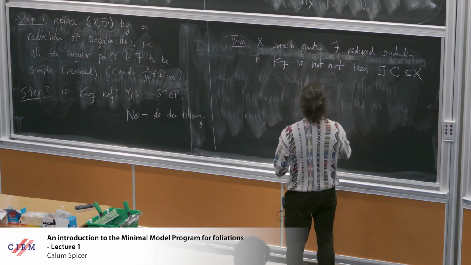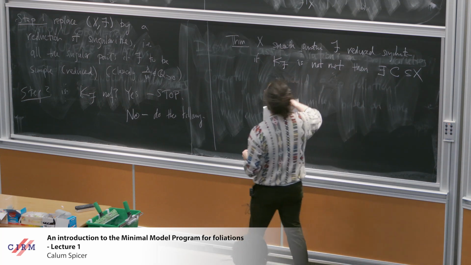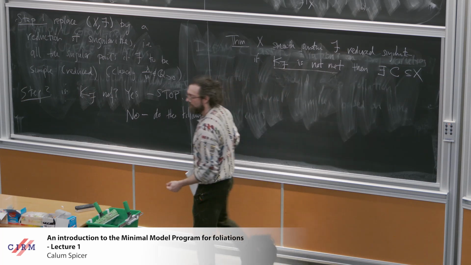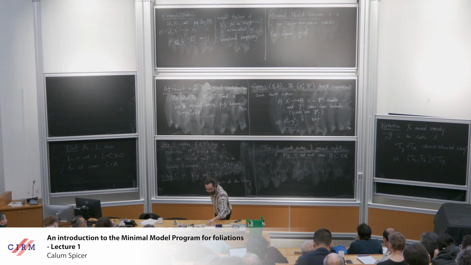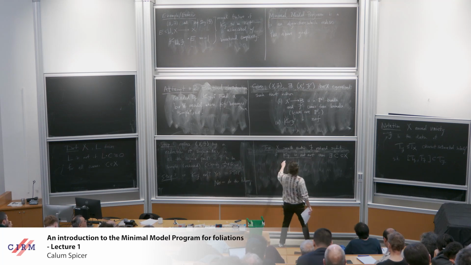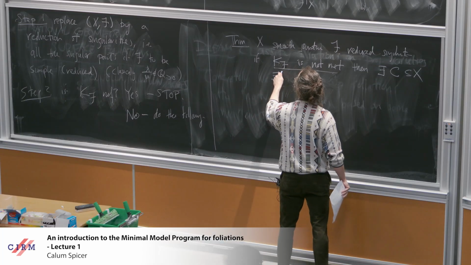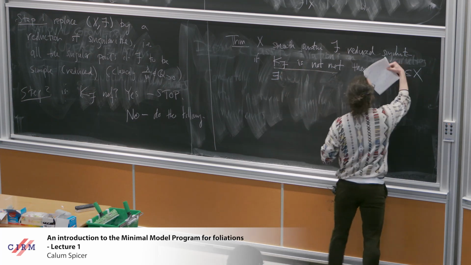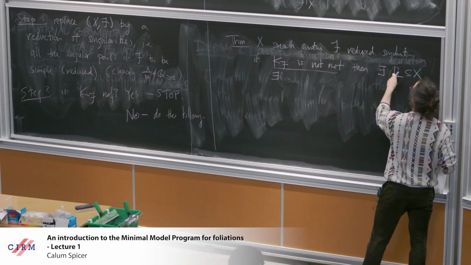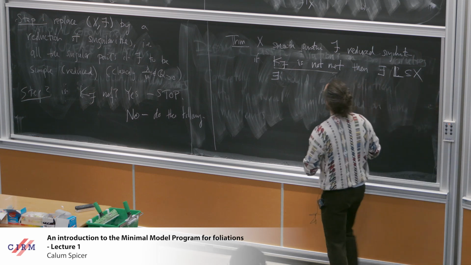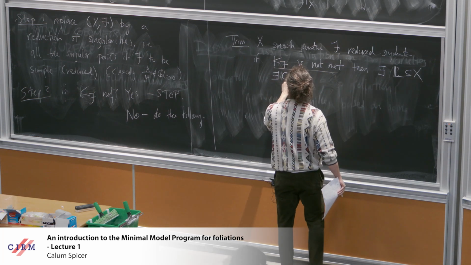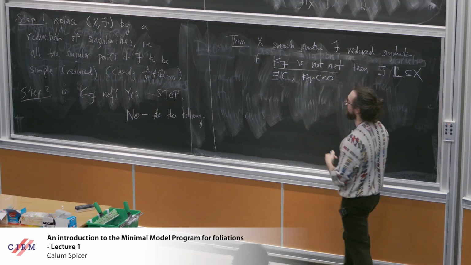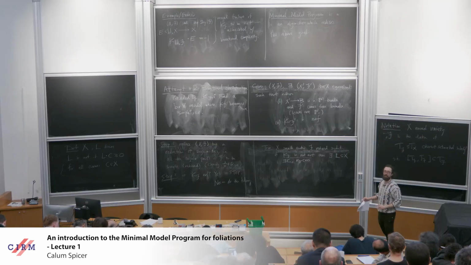K_F being not nef means, by definition, that there exists some curve, maybe I'll call this curve L and this curve C. We'll see why in a second. So there exists some C such that K_F dotted with C is negative. That's just the definition of nefness.